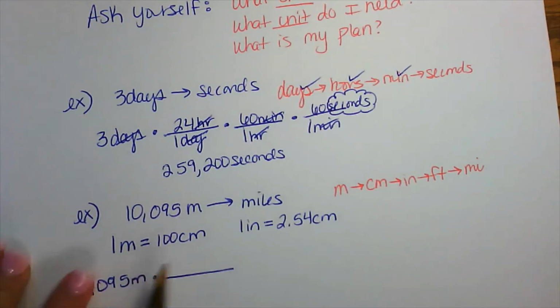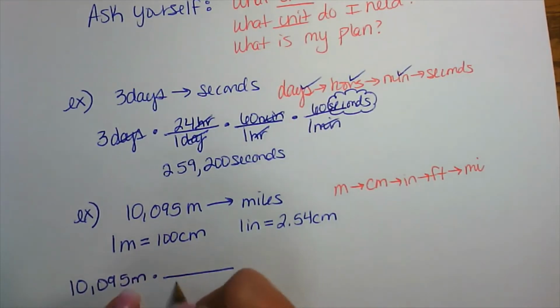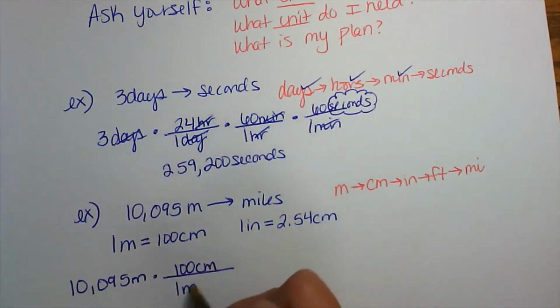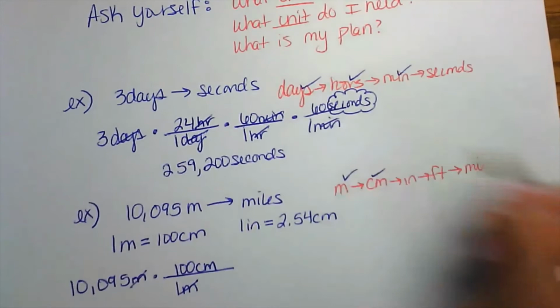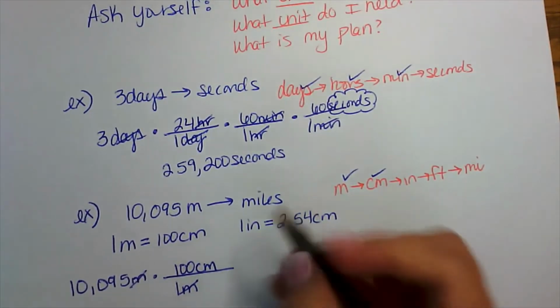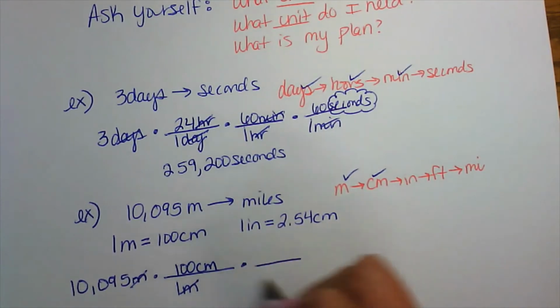Like I said, our first connection will be to centimeters, so we're going to use this. Meters goes on the bottom, 100 centimeters on the top. Now I'm in centimeters. My next jump will be to inches. So I'm going to put the centimeters diagonal.